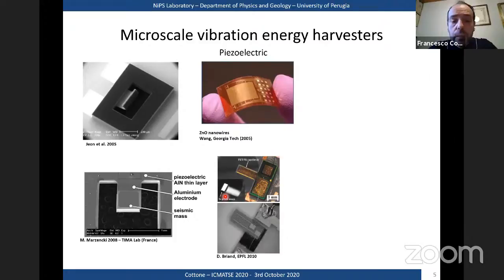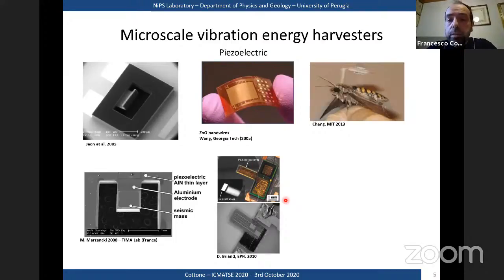Another example by 2010 by EPFL. This piezoelectric device uses interdigitated comb electrodes, for example, in order to use all the electrical field that is generated along all the length of the piezoelectric cantilever. This is made of PZT, for example, deposited over a silicon beam.